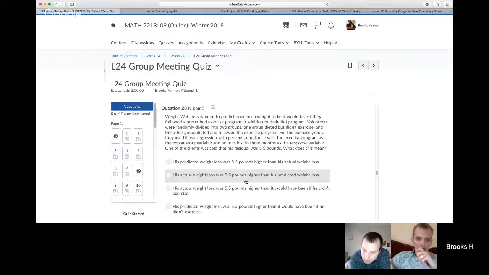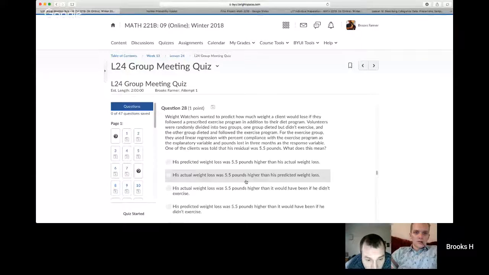And so we have a residual chart because if all these factors that cause these numbers not to be perfect have a normal distribution, then we can consider our data correct. The point is residuals are the difference between the observed value and the predicted value. So are you saying that it's B? I think it's B. His actual weight loss was 5.5 pounds higher than his predicted weight loss.